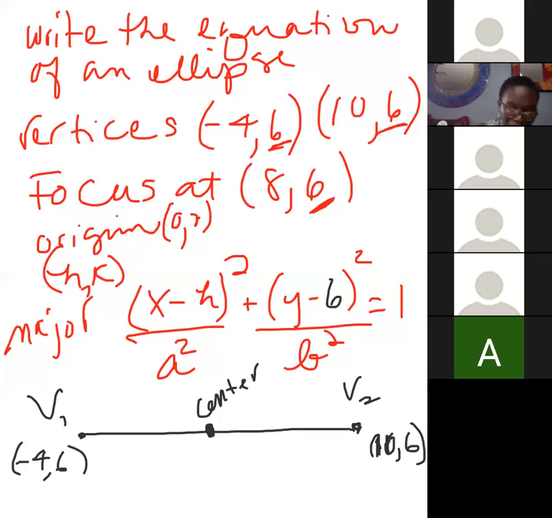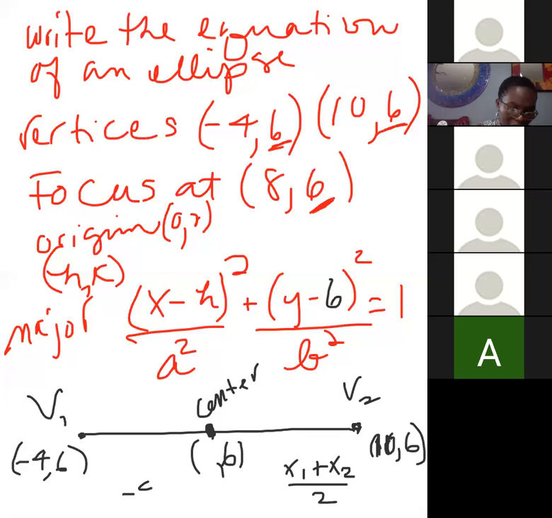Very good. Okay. We use the midpoint formula, absolutely. So we already have the Y value of the midpoint. We know it's 6. So now we need to find the X value of the midpoint. So the X value of the midpoint would be the average of the 2 X's. What's the average of the 2 X's, guys? -4 plus 10, and then we divide it by 2.